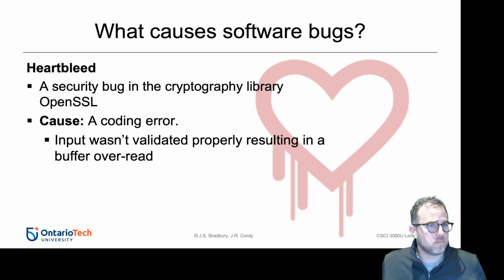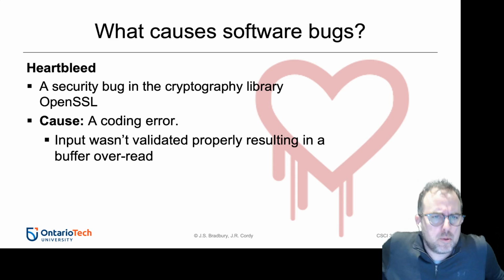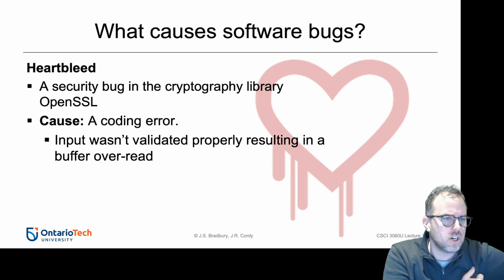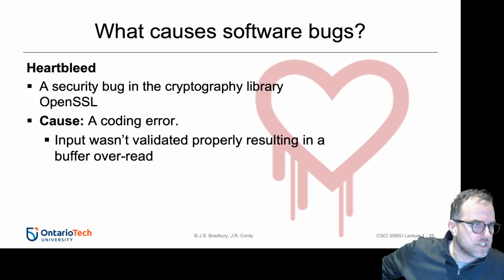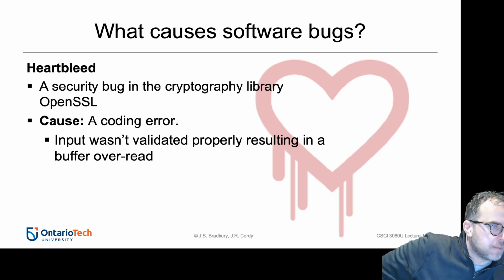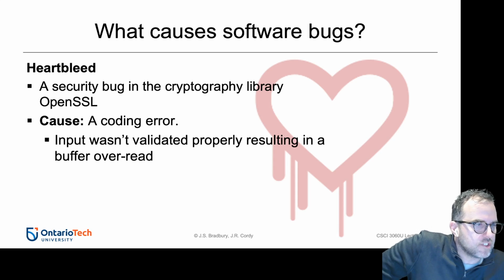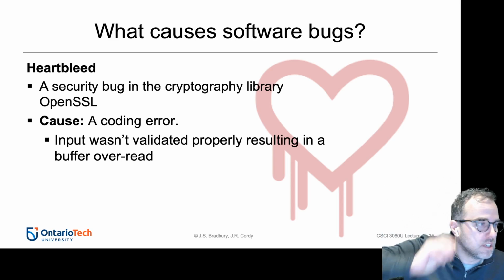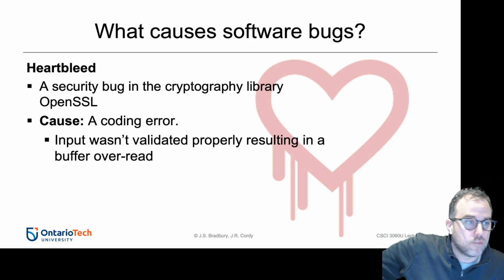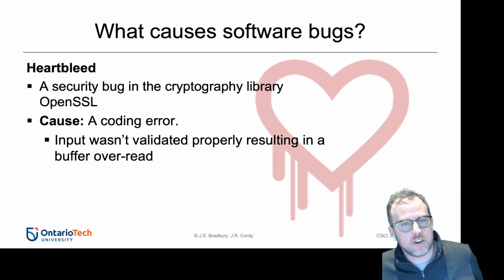So Heartbleed is a security bug. I like to include this example because you can actually go and look at the details if you're really interested. Log4j is another one. I probably should have just updated this to be Log4j. This is another example. Log4j is software that's used for logging on a lot of hardware that's used in the network, such as routers, switches, that kind of stuff.